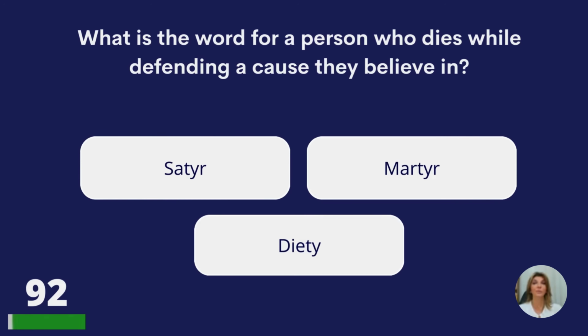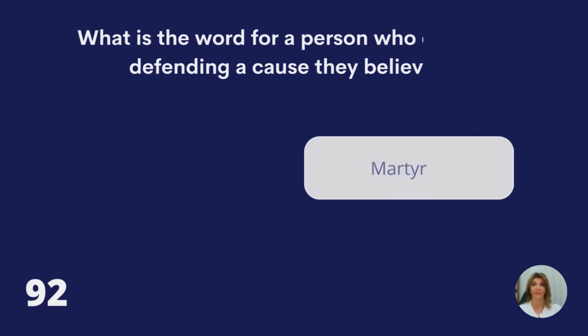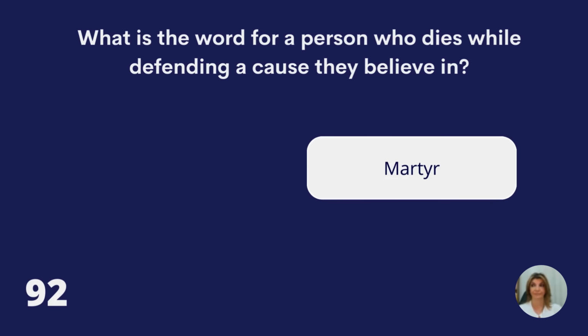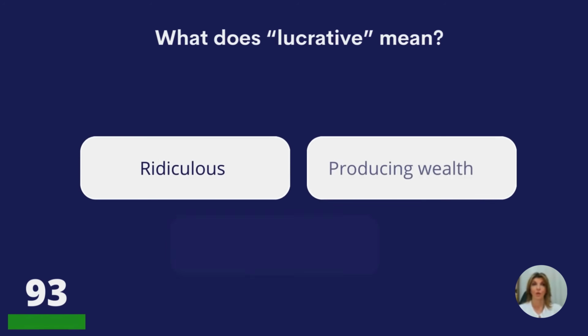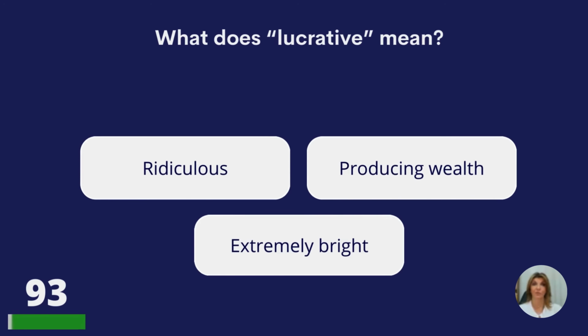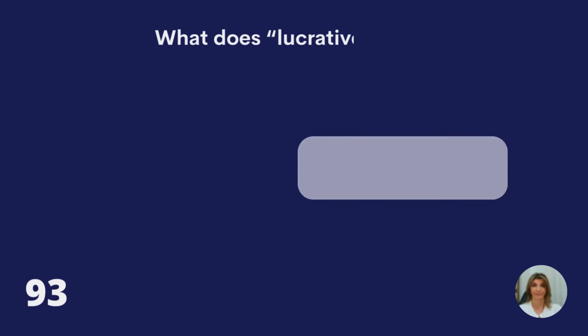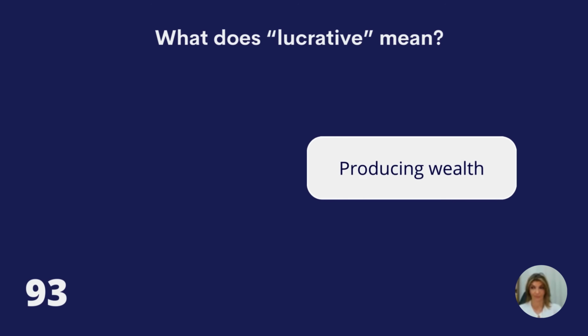What is the word for a person who dies while defending a cause they believe in? A satyr, a martyr, or a deity? A martyr. What does lucrative mean? Ridiculous, producing wealth, or extremely bright? Producing wealth.